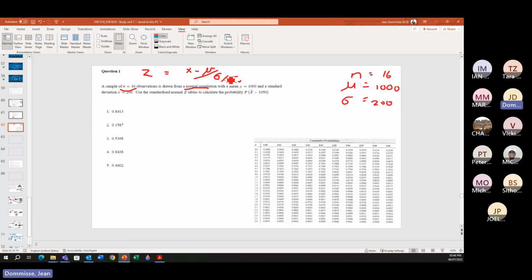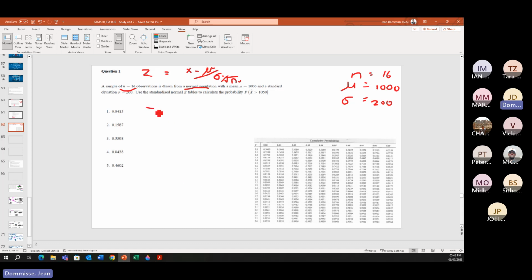So you can see the only thing that they still need to give us is X. They tell us to use the standard normal Z table to calculate the probability that X will be bigger than 1050.